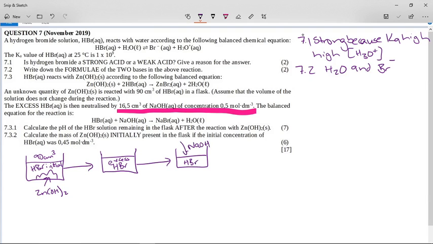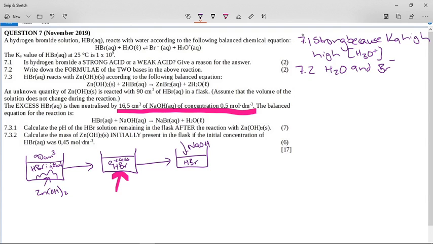They are asking you to find the pH of this solution after the zinc hydroxide reaction. So we have to go from the sodium hydroxide backwards to figure out what's going on. Because the excess hydrogen bromide and the sodium hydroxide was a titration reaction, you can use the titration formula, but I'm not going to. I'll talk you through it without the titration formula.